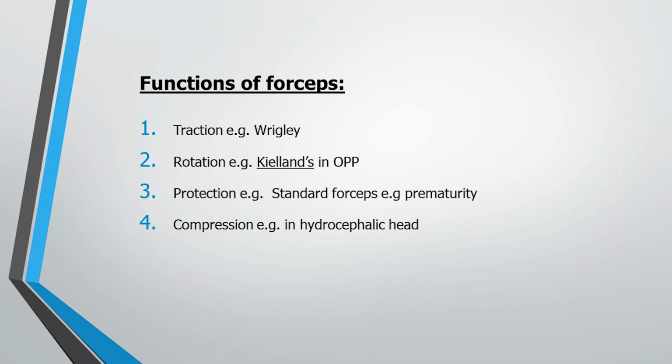What are the functions of forceps? One is traction. You pull. To achieve traction, pull the baby down and out. This you can get with Wrigley's forceps or standard forceps.